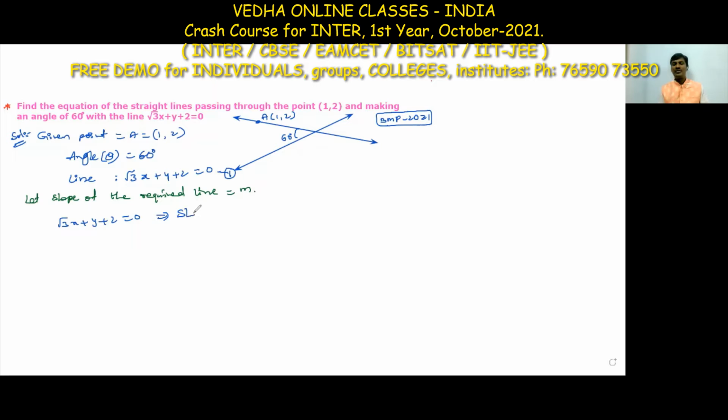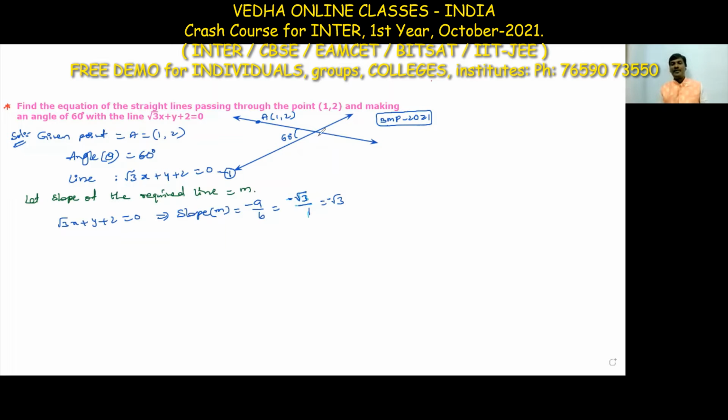For this line, the slope m is equal to minus a by b, that is minus x coefficient by y coefficient. The x coefficient is √3 and the y coefficient is 1, so we get minus √3. This is the slope of the line.